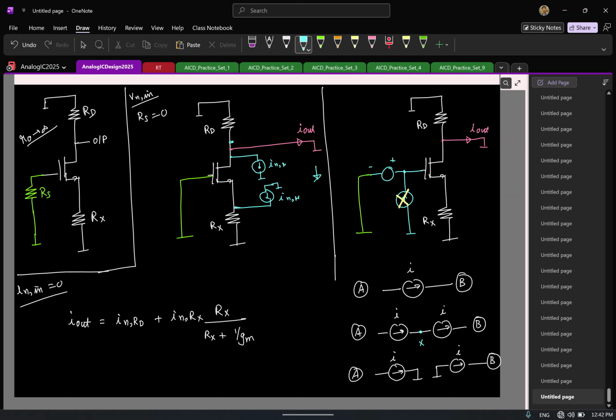Now the nice thing about this is that whatever was happening for the noise current of RD will happen for this current source. So how much of this current will flow to I out? What is it, with what polarity? You'll have minus I_nM because the direction is down, so current flowing this side is going to be negative.